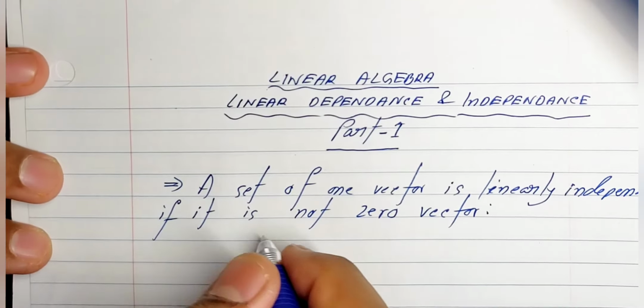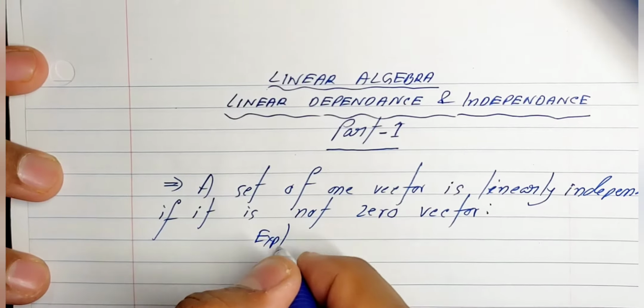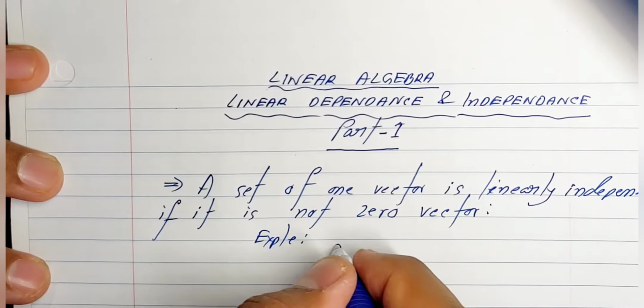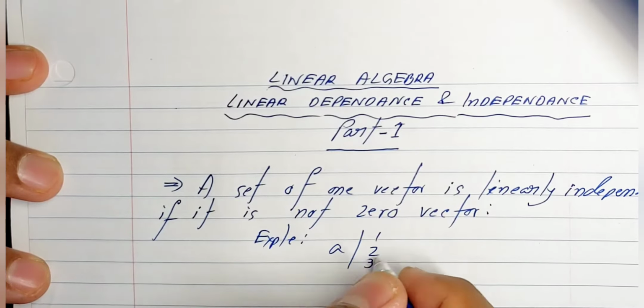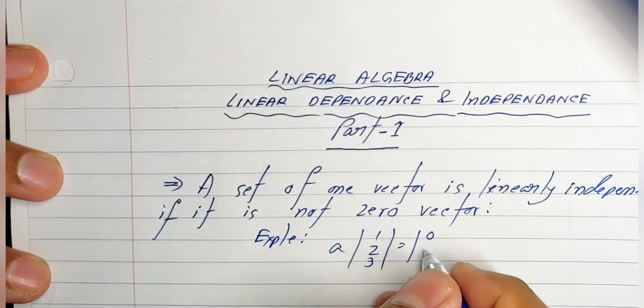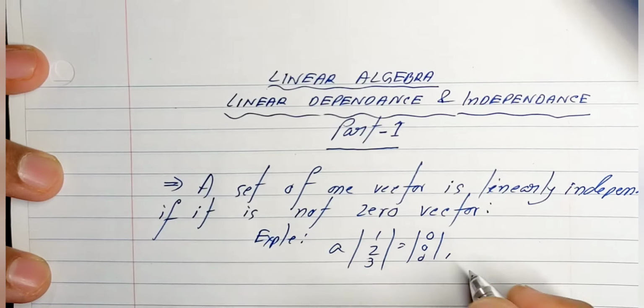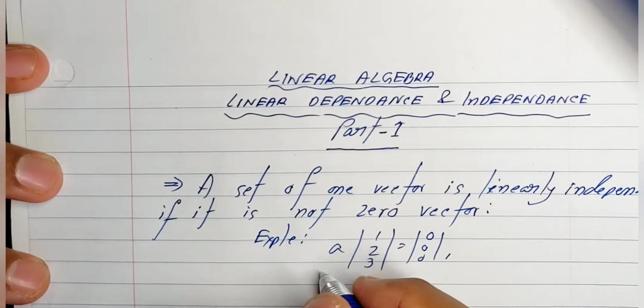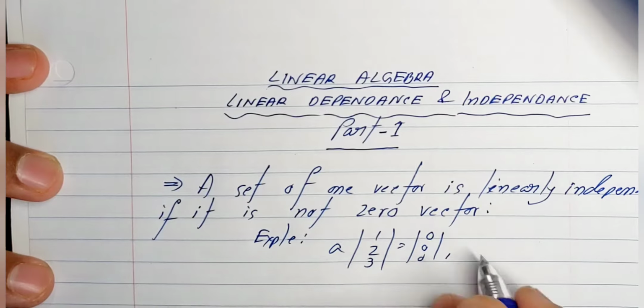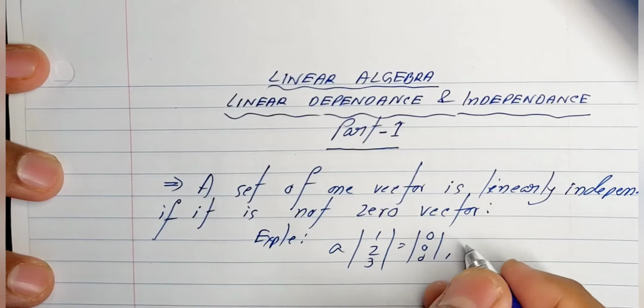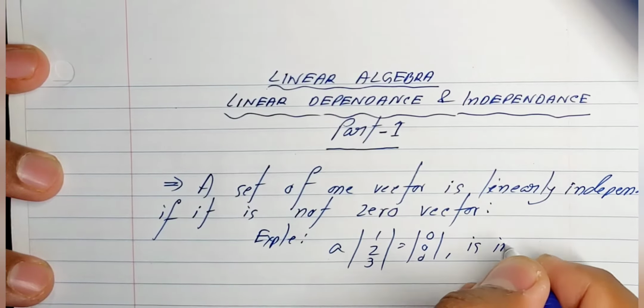What does it mean? Suppose you have a vector, and a can be a number, and if you multiply and you can solve for this vector, that is independent.